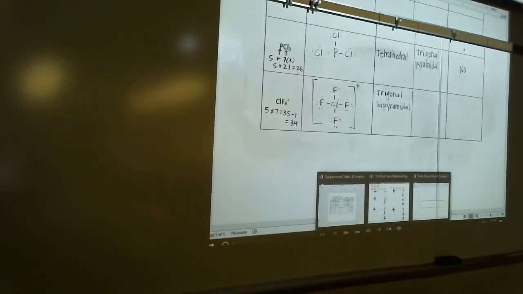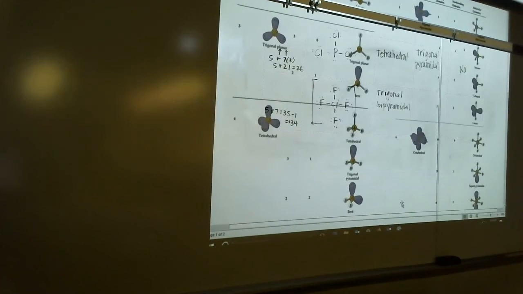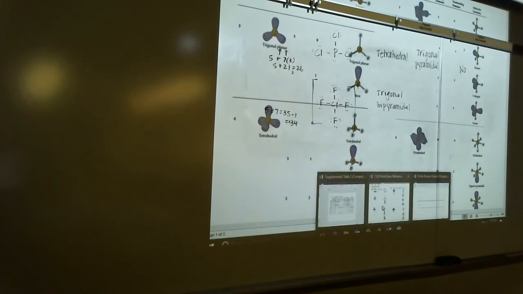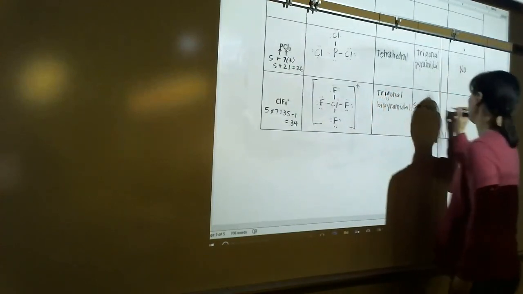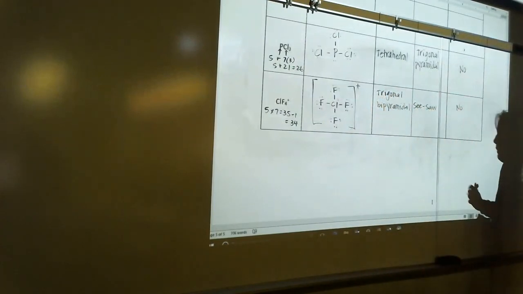Yes, that lone pair will take up space. So one lone pair would give us seesaw. No. Questions on the last problem of the review packet?